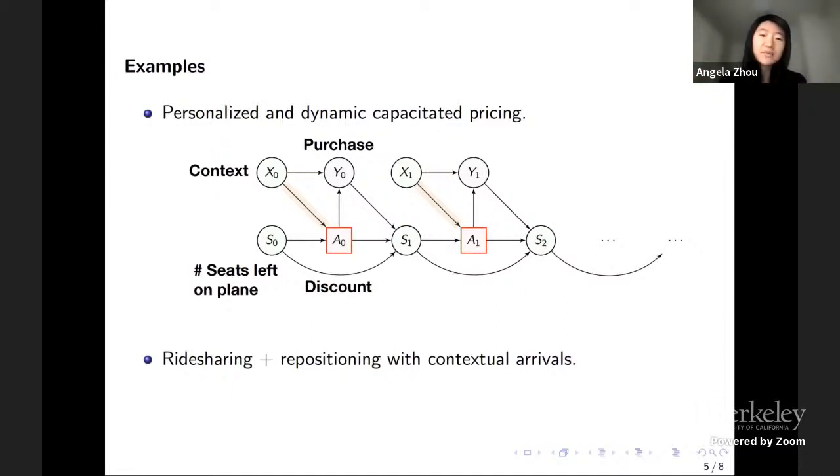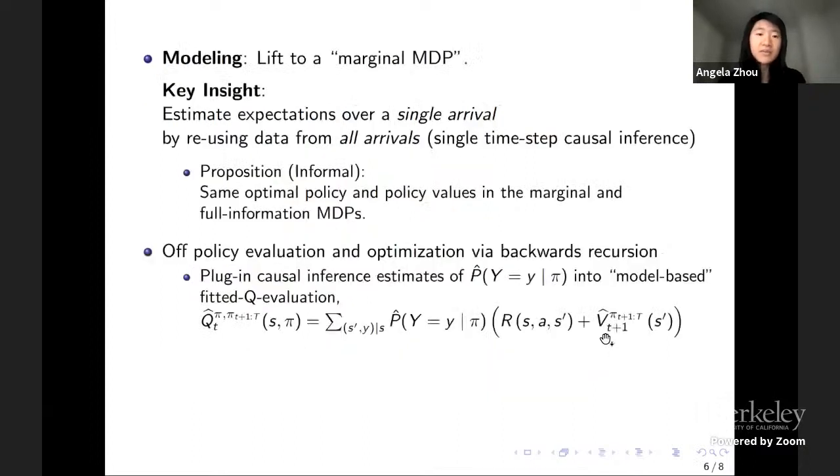And the assumption corresponds to whether or not you purchase an airline ticket at a given price is independent of the number of seats left on the plane, which is the system state known to the decision maker, once you condition on the price that is being given. So that's the key assumption. And if your problem setup satisfies that assumption, then your problem is as hard as single time step causal inference.